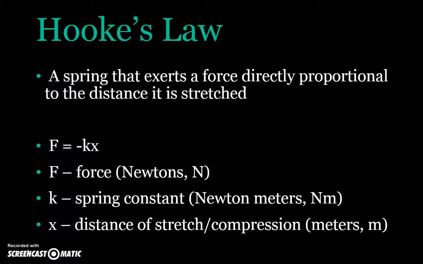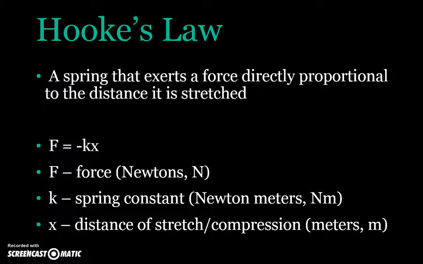So the first formula that you're going to learn for today is Hooke's law. It's when we're talking about a spring that exerts a force, and that force has to be directly proportional to the distance that the spring is stretched. So we're talking about metal springs here, and we have F equals negative k times x, or negative kd.